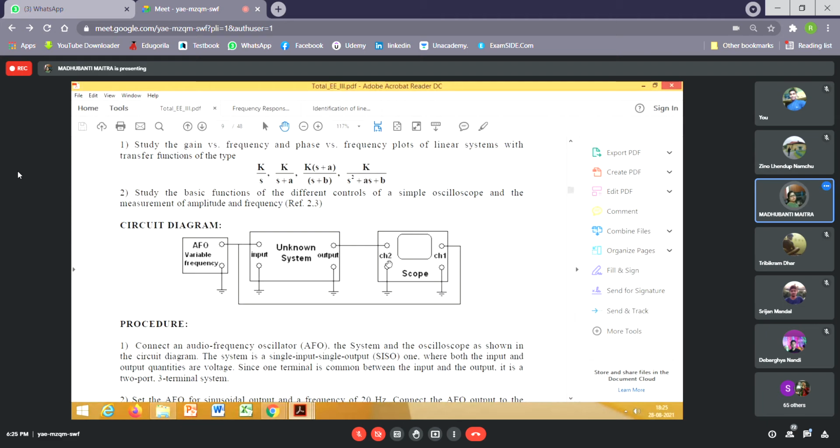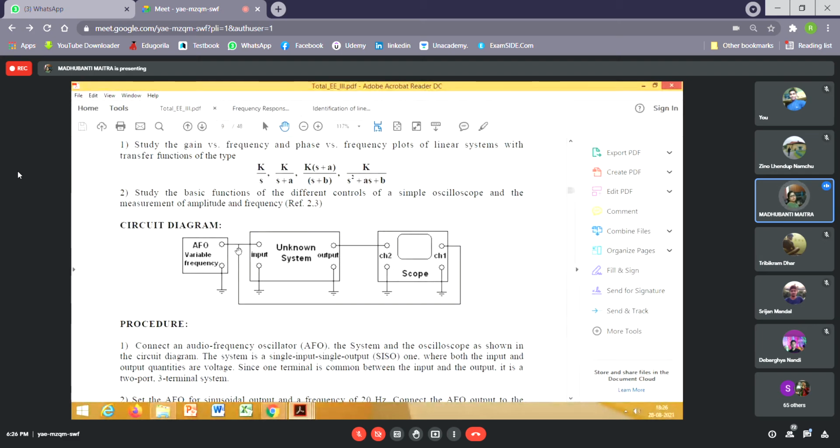Can you recall that particular experiment? Yes or no? Yes, ma'am. So there are two channels as labeled over here, channel 1 and channel 2. Hence, this oscilloscope is known as dual channel oscilloscope, right?